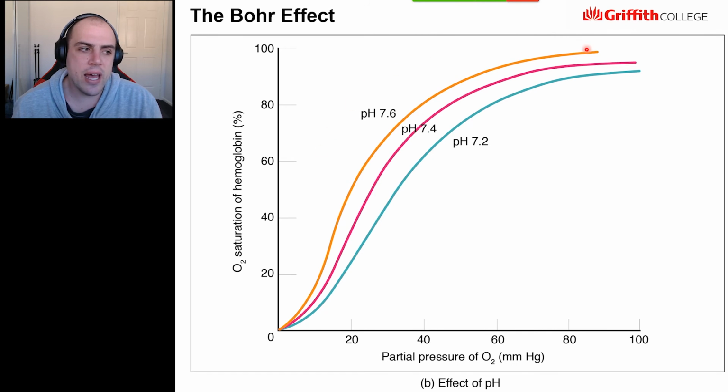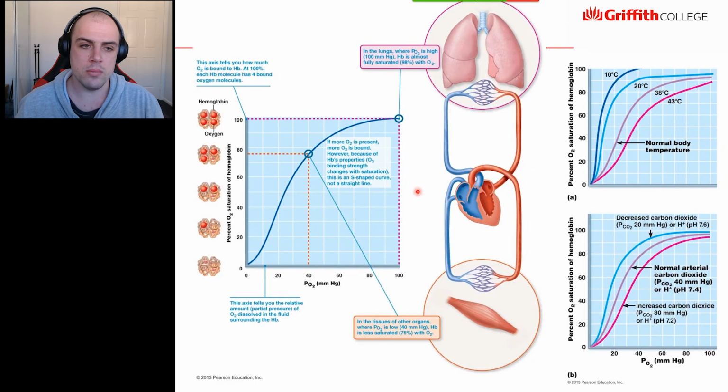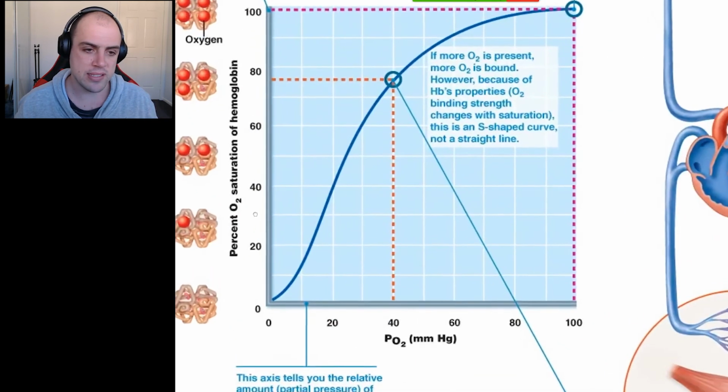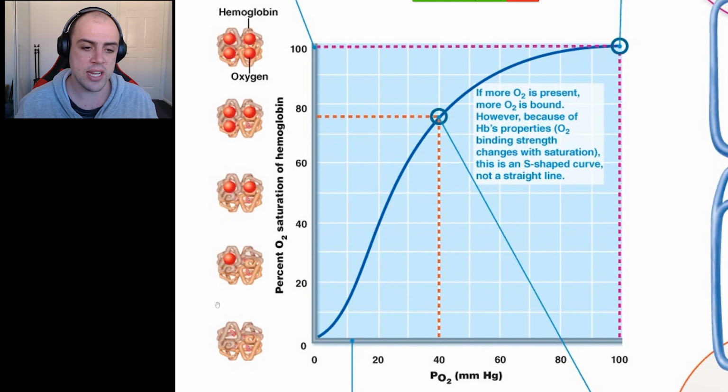Now this is where I'm going to explain the Bohr effect. So Morgan, this is the how. How does it do this transition? When we're looking at our hemoglobin going from T state to R state, this is going from deoxygenated, like what we can see over here, to oxygenated.